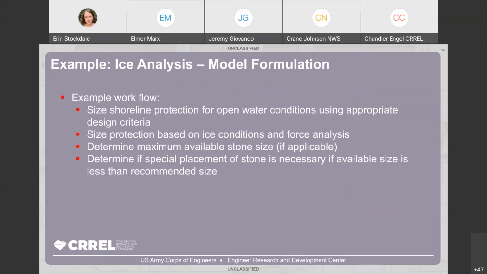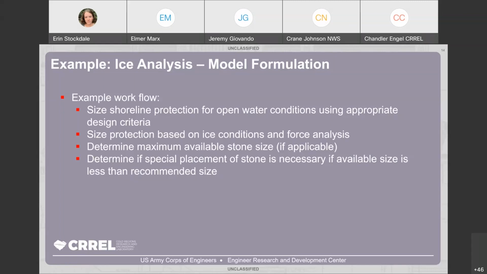So let's just step through a quick analysis here, or an example analysis. A workflow that you may want to consider is to look at the design criteria that is applicable to your state or locale. And then you'd want to size the shoreline protection based on the ice conditions, the criteria that we were just talking about.